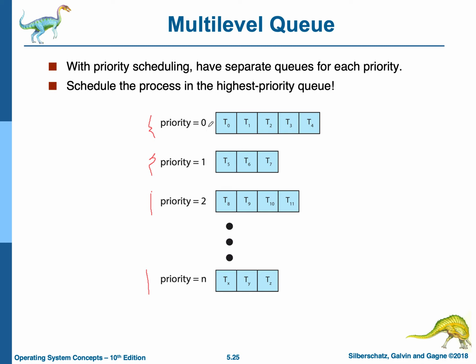All priority 0 processes go into this queue, and others into another queue, and another, right? So this is Q1, maybe Q2, maybe Q3, and maybe Qn. For priority n, we have Qn here. So every priority has its specified queue.